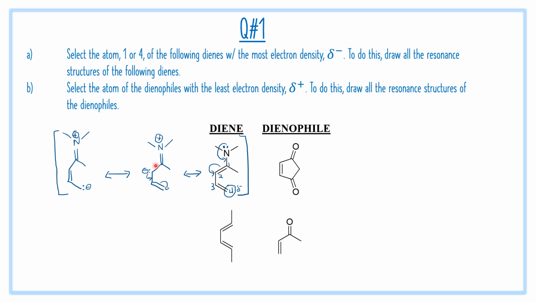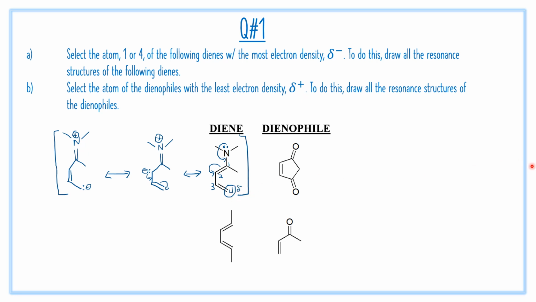Now you will notice that it's the same exact pattern as the one we've done in the first one. So let's do it again. The allylic lone pair goes down to create a double bond, and the double bond breaks to create an electron lone pair on carbon number 4. Hence, you now have a negative charge on carbon number 4, making carbon number 4 the location with the most electron density.